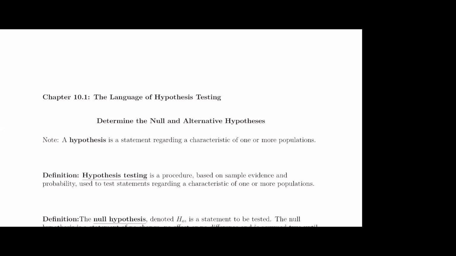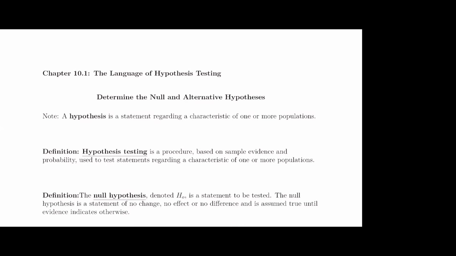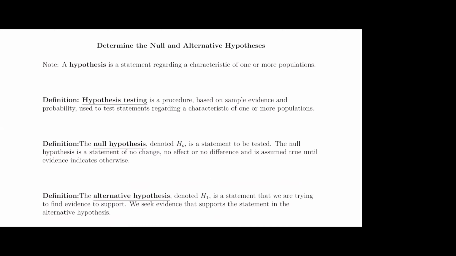So usually for a hypothesis, there are two different types that we're going to be focusing on: the null hypothesis, and the label for the null hypothesis is H0.